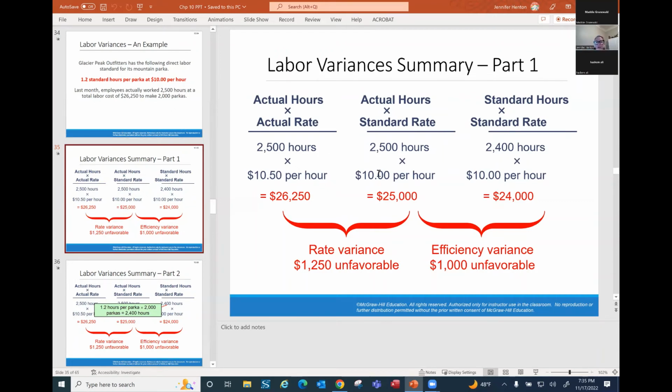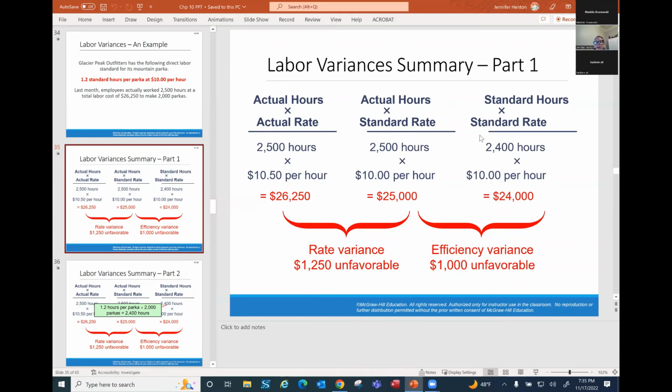And the $10 was given to us as the standard per hour. So we do the calculations by taking the difference, and the actual is higher than what we had as a standard rate per hour. So that's going to be unfavorable. $1,250 unfavorable. That's the difference between the two.